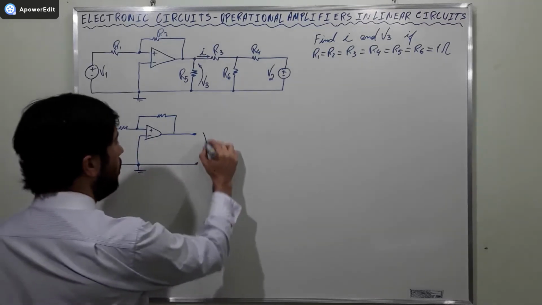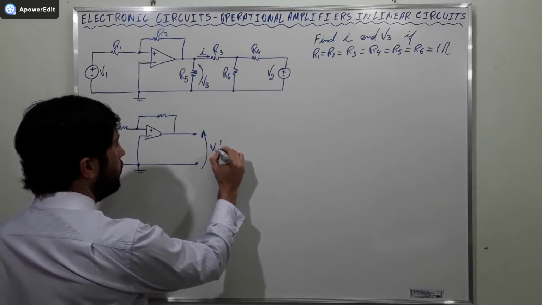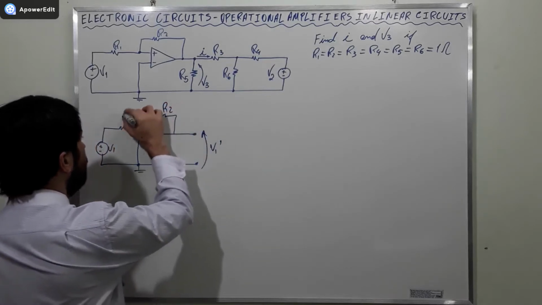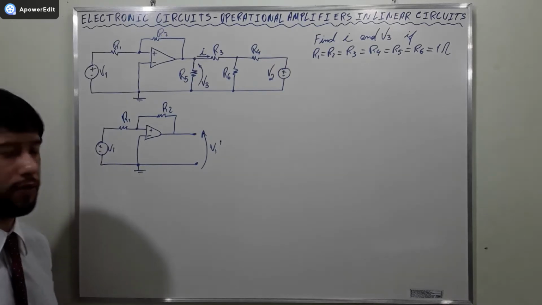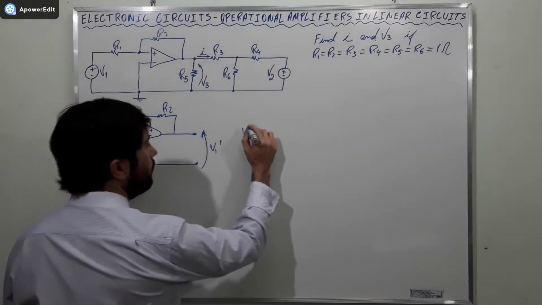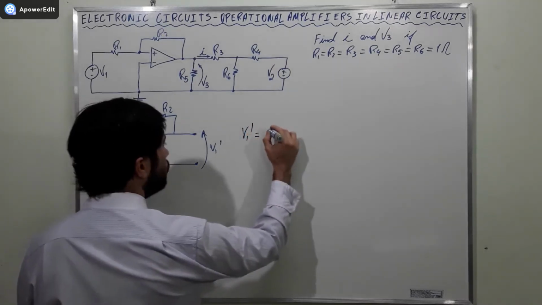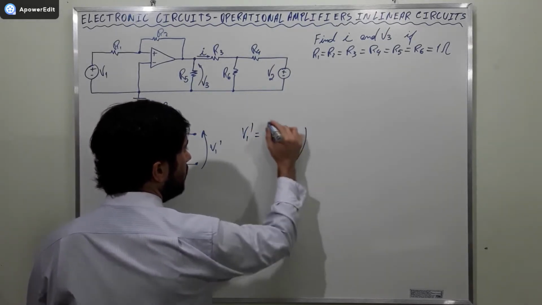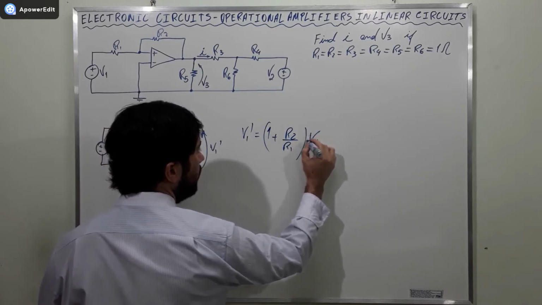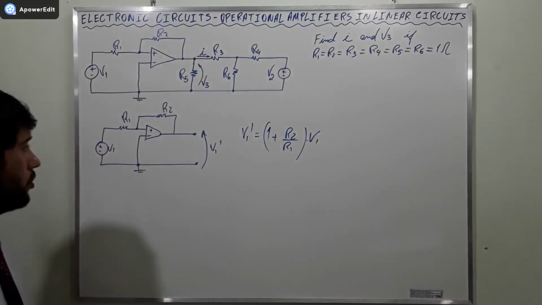What we want is to calculate V1 prime first. If we use the theory of operational amplifiers, we're going to see that V1 prime is equal to 1 plus R2 divided by R1 times the input signal V1. So this is what we are going to use.